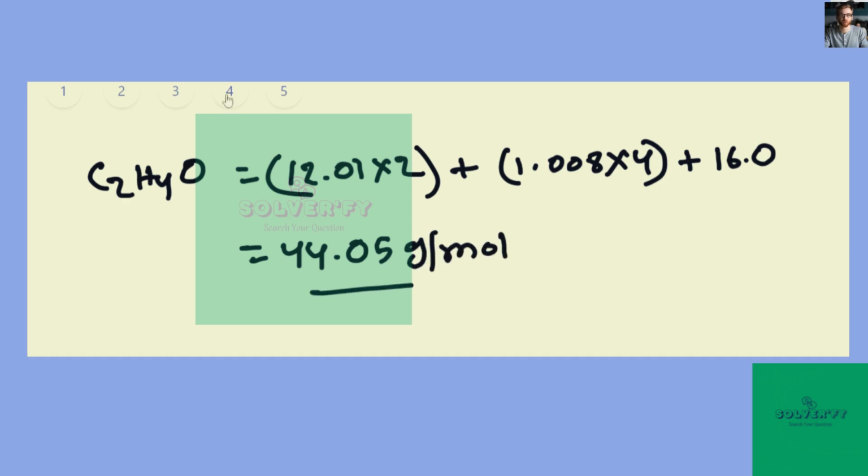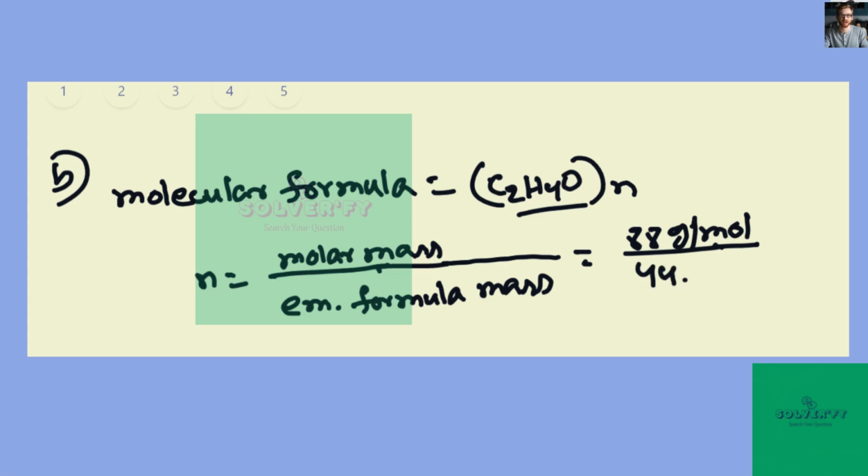Now just put this value here, 44.05 gram per mole. This will give us a value of approximately 1.99 or approximately 2.